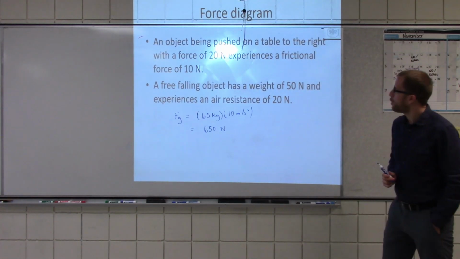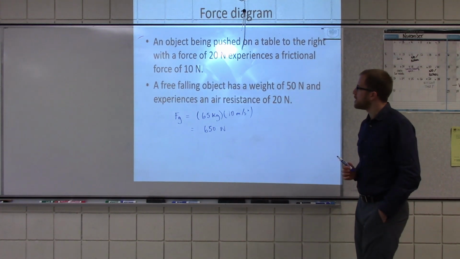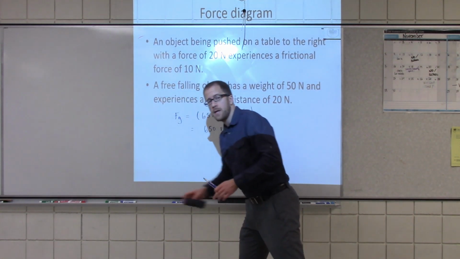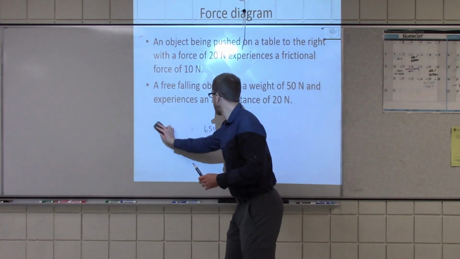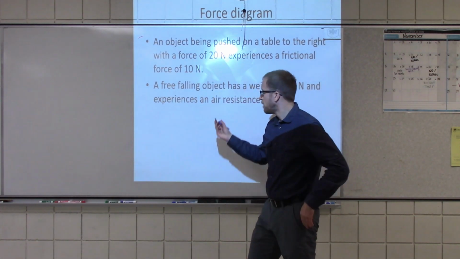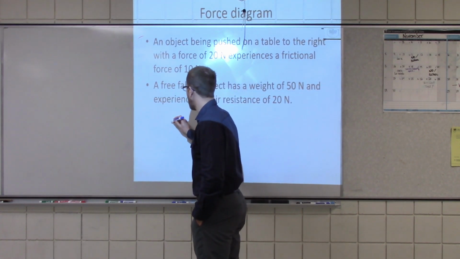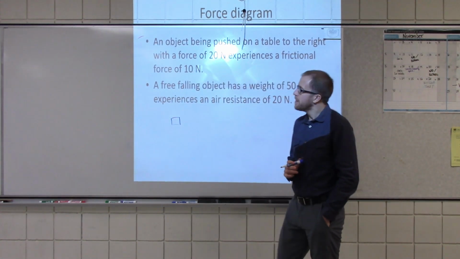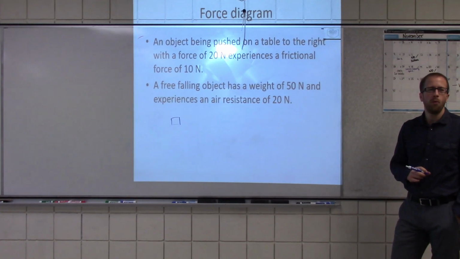An object being pushed on a table to the right with a force of 20 newtons experiences a frictional force of 10 newtons. With a free body diagram, we're going to draw a box. Everything gets reduced down to a square. And what else am I going to draw?